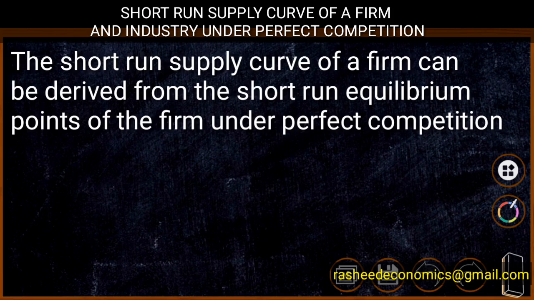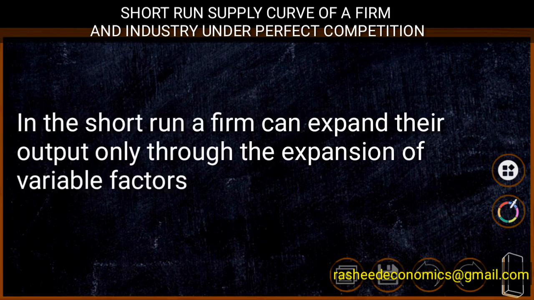We know that the factors of production, some are fixed and some are variable in the short run, or we can say that a firm can expand their output only through the expansion of its variable factors.